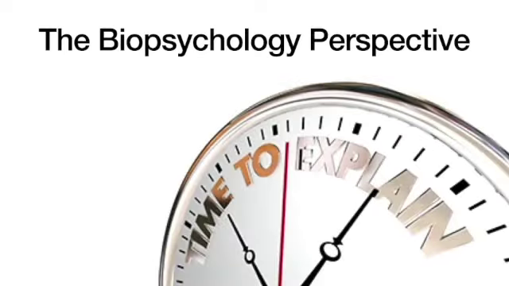Now, our choices are not limited. So when we are taking that biopsychology perspective, we're going to explain some things. And we have a few options to go with when we come up with biological explanations for human behavior.